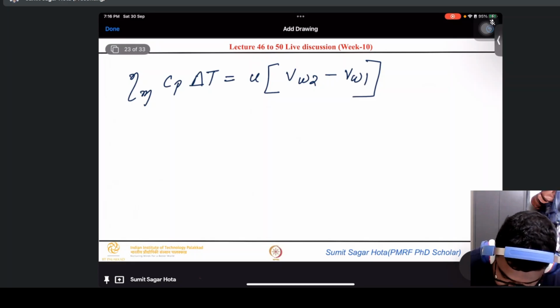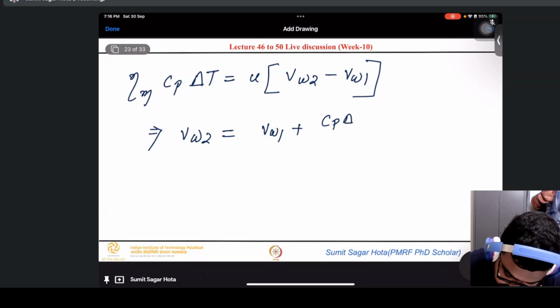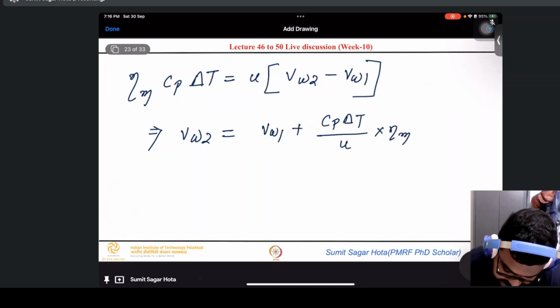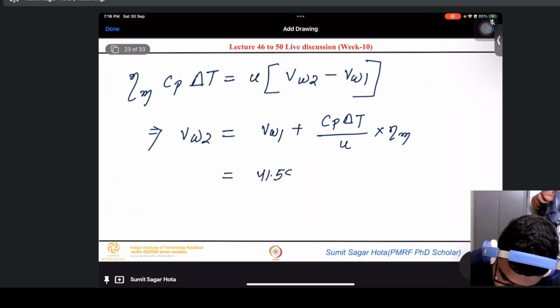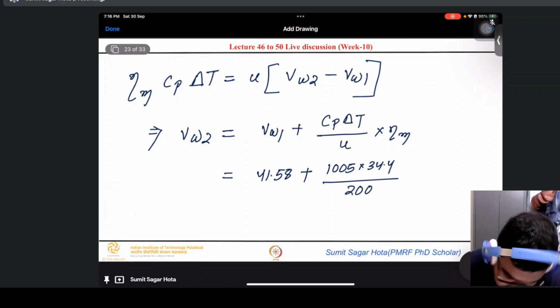From this equation we can find Bw2 at the exit, or the outlet. That is equal to Bw1 plus Cp delta T divided by U into the efficiency. Now substitute: in SI unit 1005, 34.4 Kelvin, U.